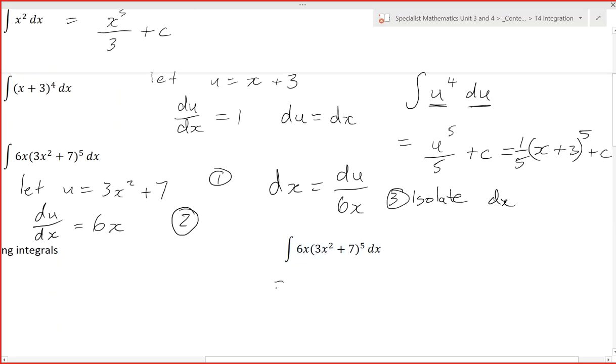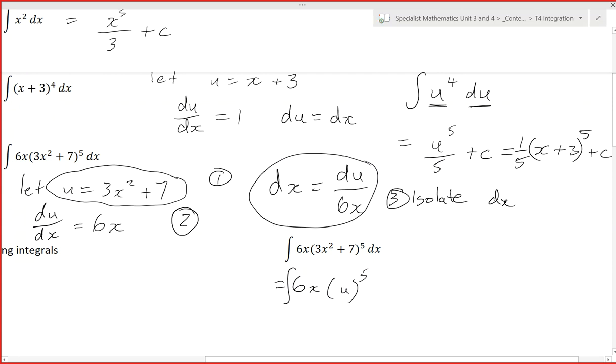When we substitute in, so we substitute in this, and we substitute in this, so what's happened?